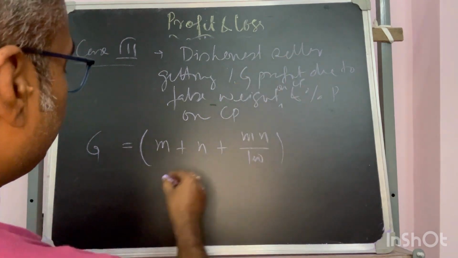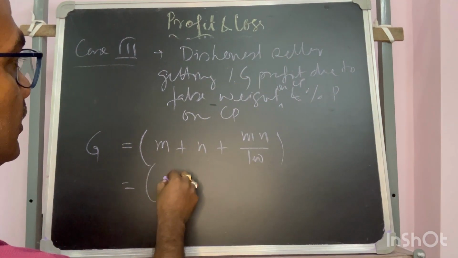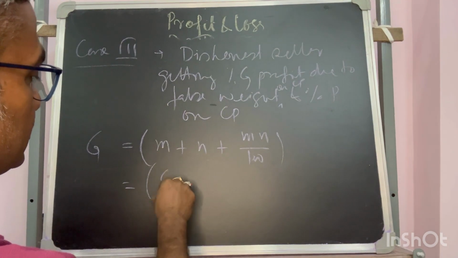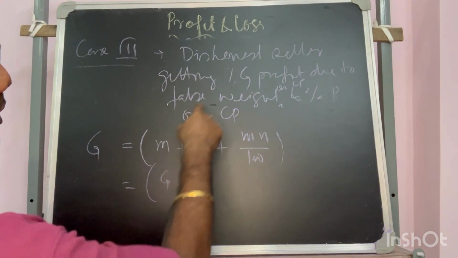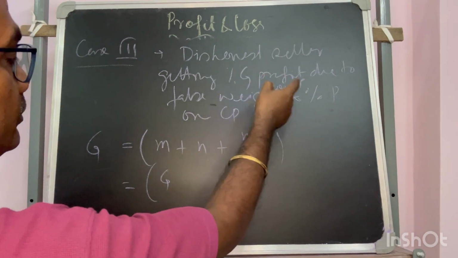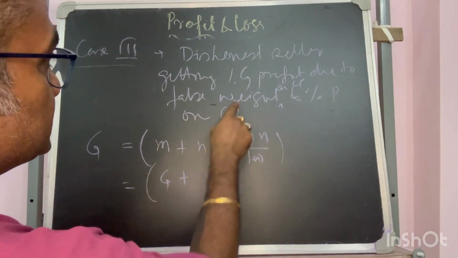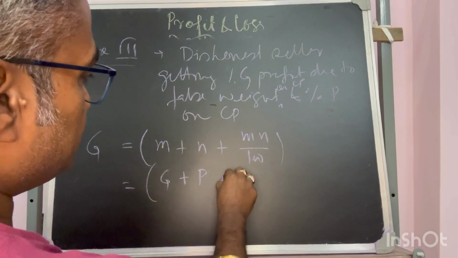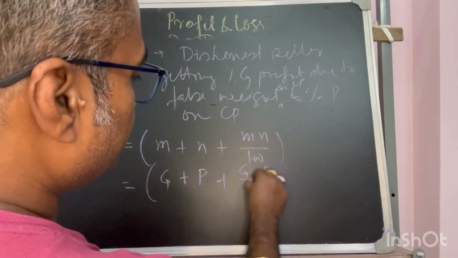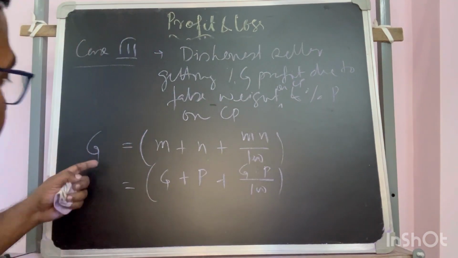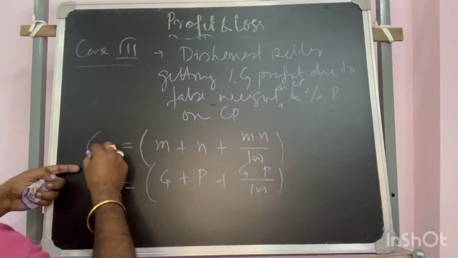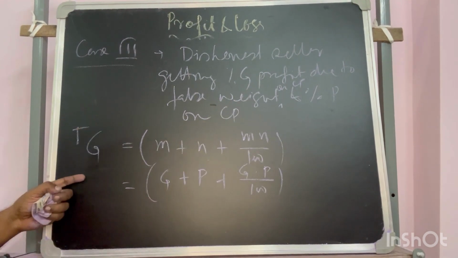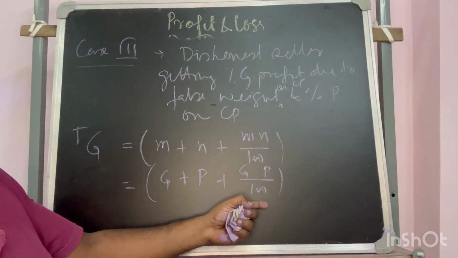Instead of that, if I put G as the profit gain due to the weight, plus P as the profit gain on this, it will be G into P by 100. By this formula, if you calculate the total gain, you will find the same value.